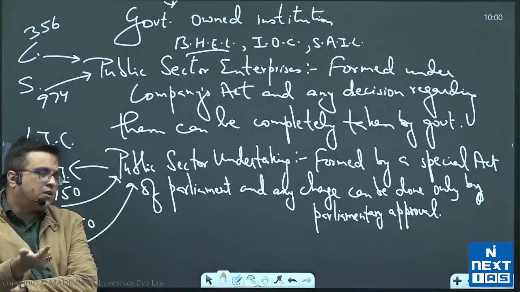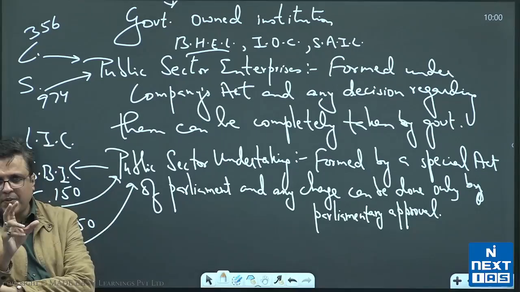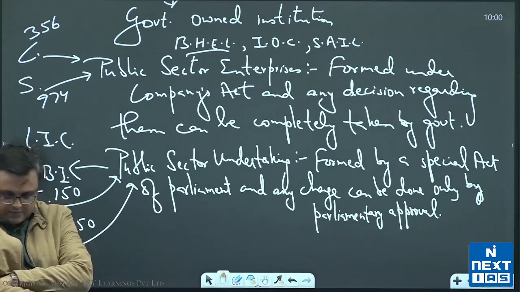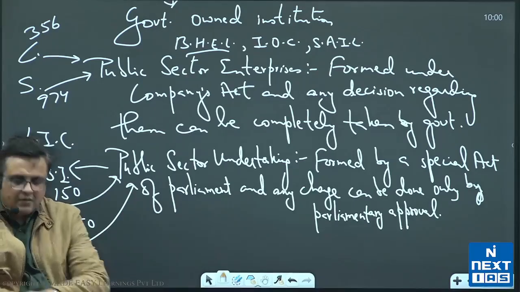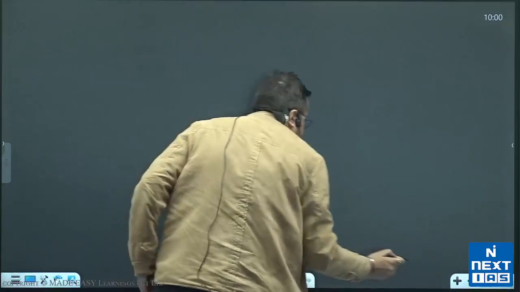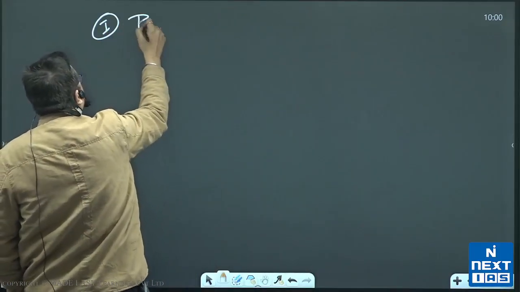All right. So what can be those reforms? Now I'm teaching you the public sector reforms. You write one: provision of autonomy. This is one reform.